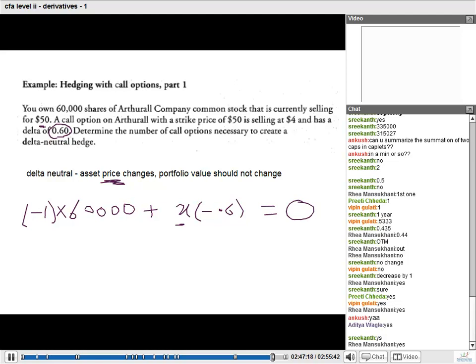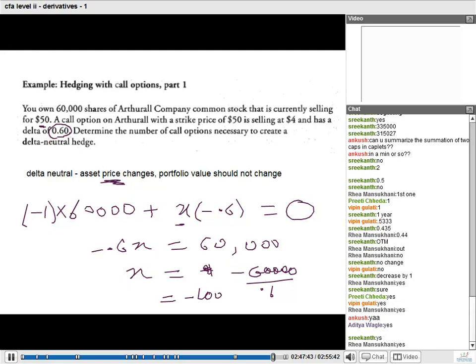So can we compute the value of x? Minus 0.6x is equal to 60,000? So x will come out to be equal to minus 60,000 upon 0.6, or minus 100,000.